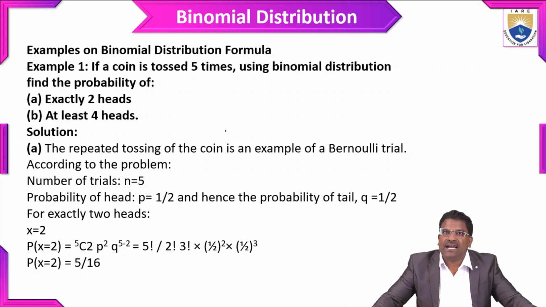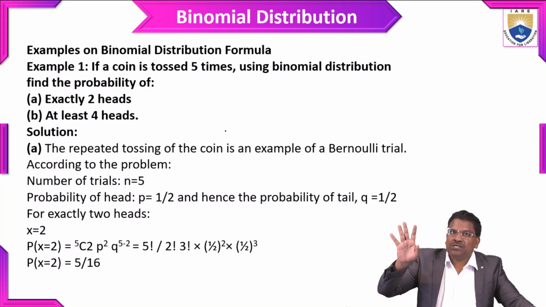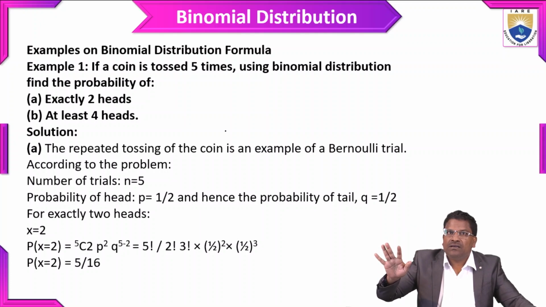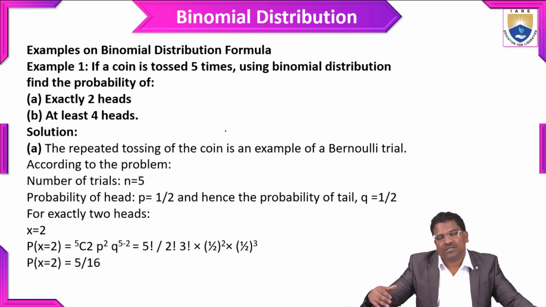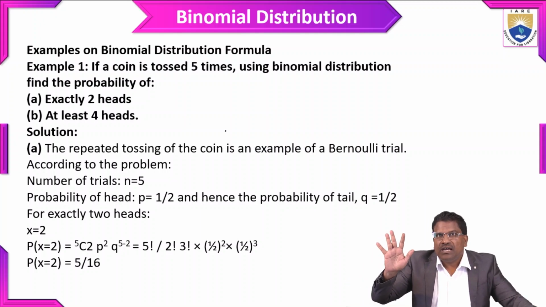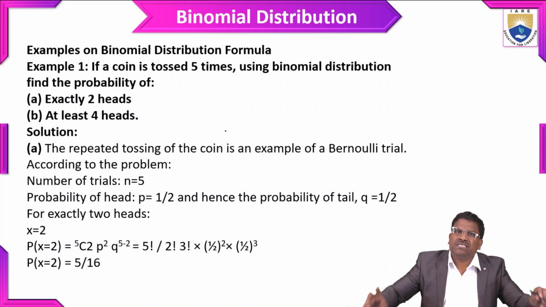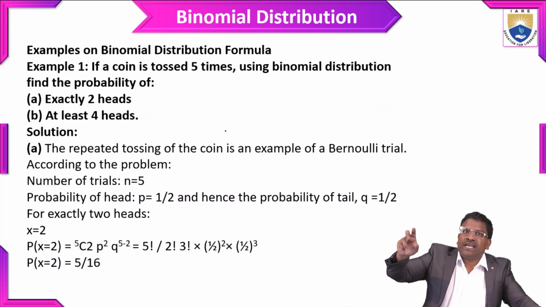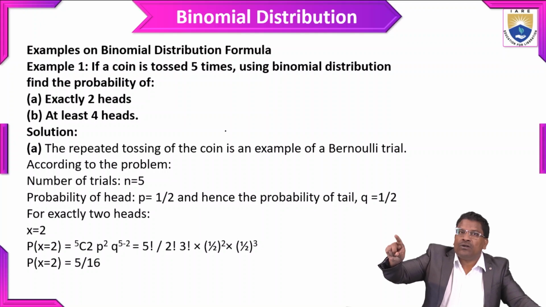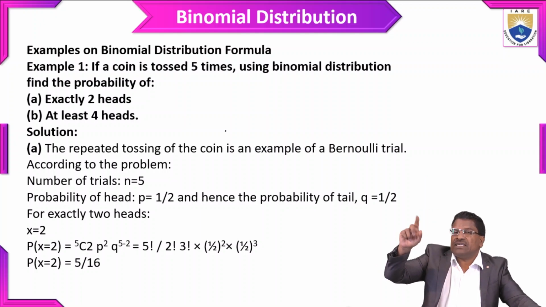At least 4 heads means there should be 4 heads and 5 heads also can come. Minimum 4. Means here you have to take P of x is equal to 4 plus P of x is equal to 5.